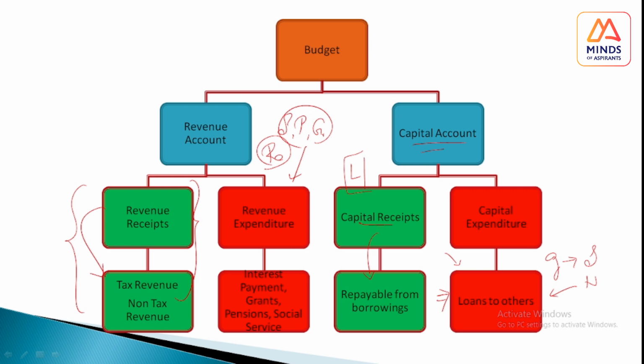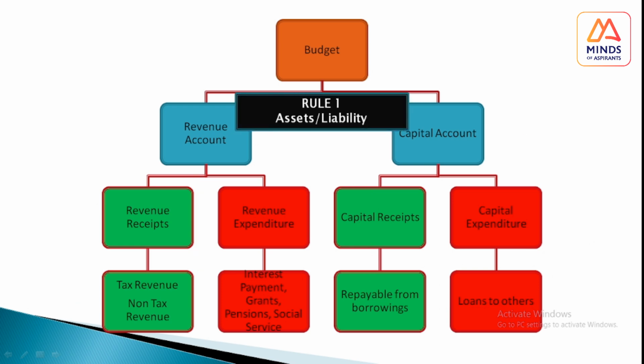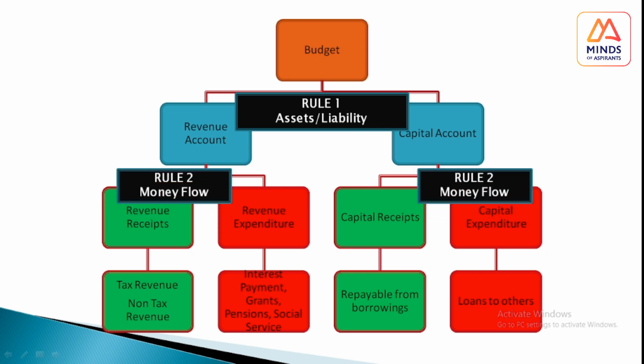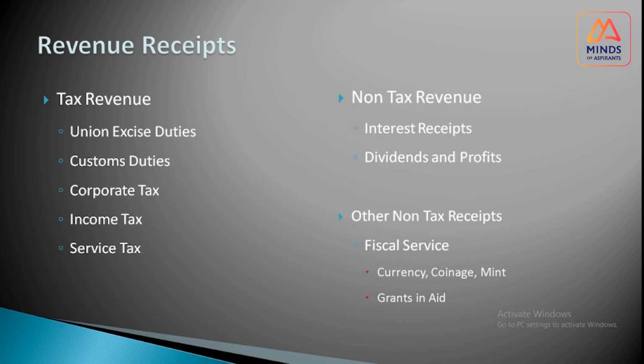So either in asset or liability, it will have an impact on the capital account. These are the two rules that you must remember in order to get the MCQ correct.